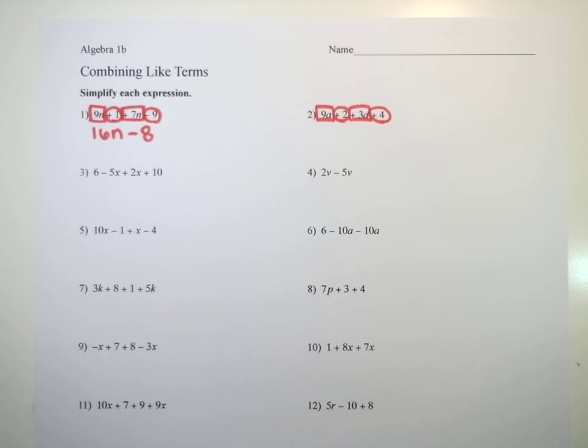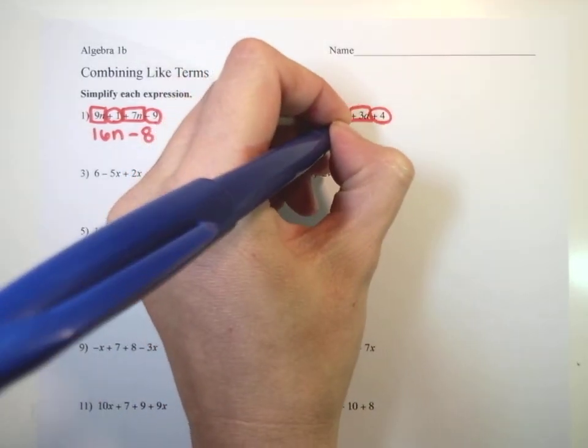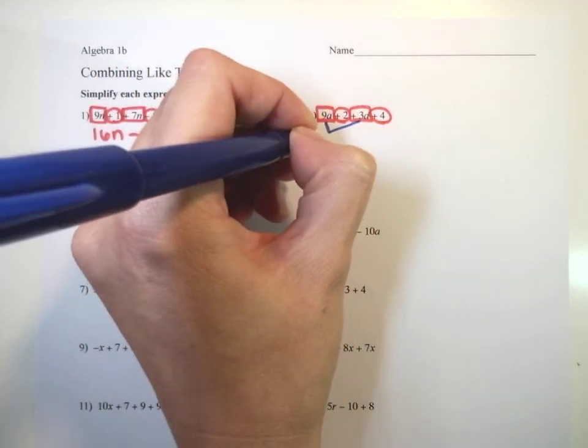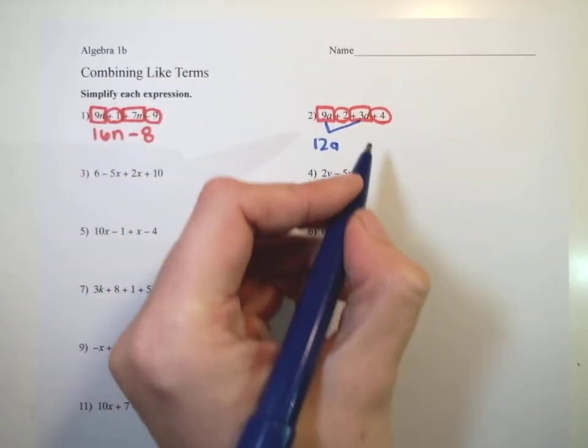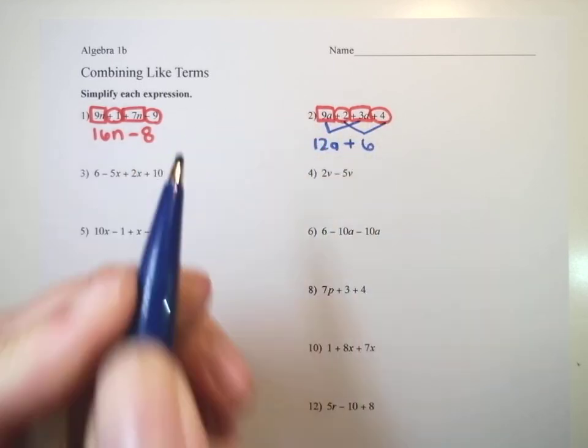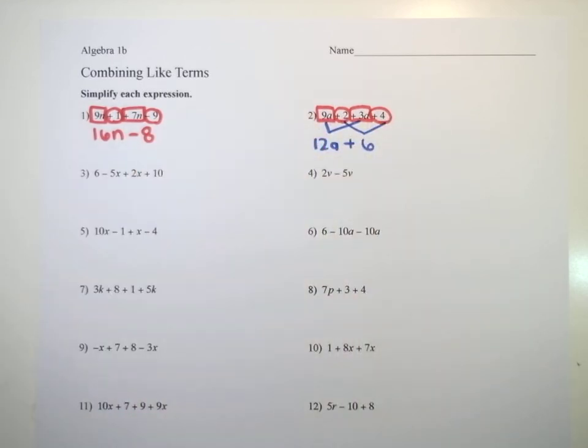So then step 2, once we use shapes to identify the like terms, then we combine like terms. So we can combine the 9a and the 3a, our rectangles. 9a plus 3a is 12a. And then we can combine just our integers, which are 2 plus 4, and that's positive 6. Okay, go ahead and complete your assignment.